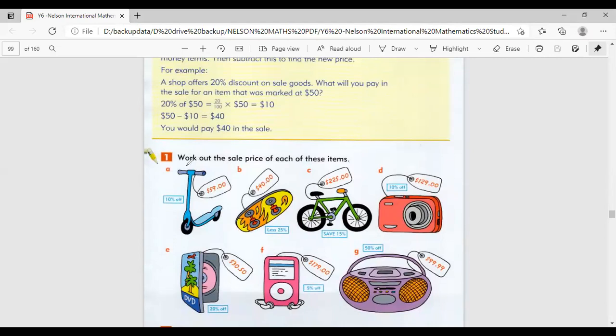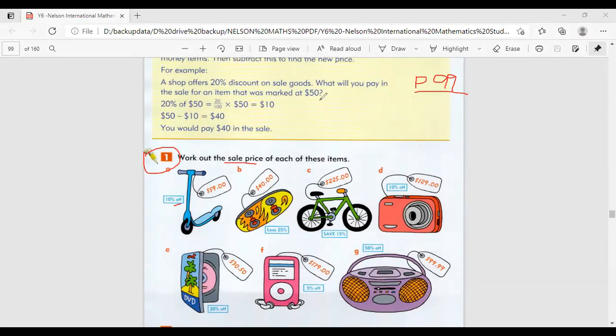Okay? Work out question 1, page 99. You can check your textbook. Work out the sale price of each of these items. So what is 10%? Can you see that one? It's 10% off. What is 10% of $59?